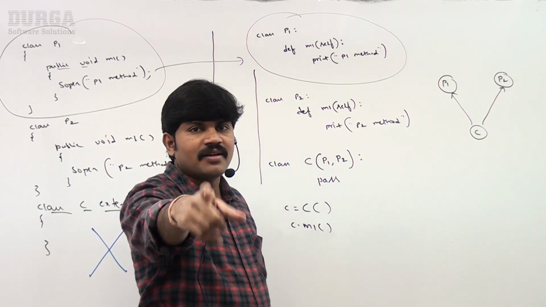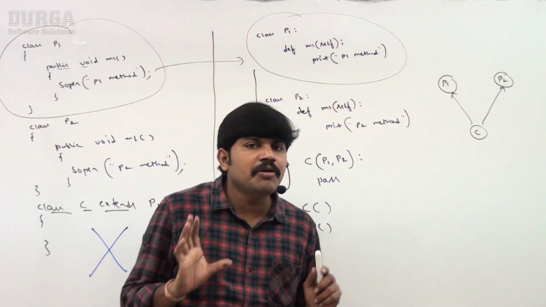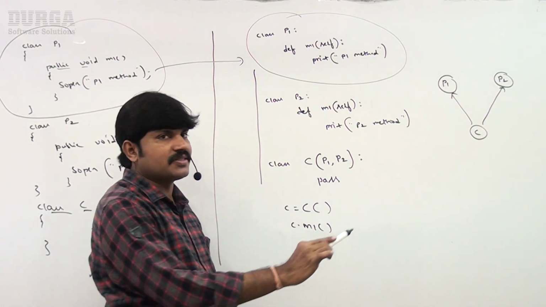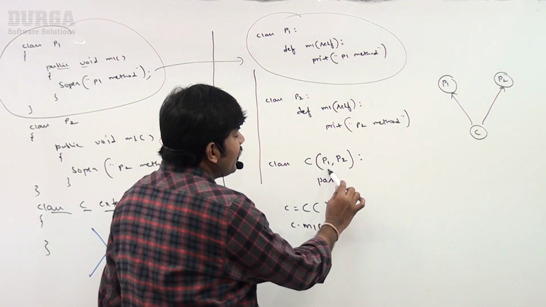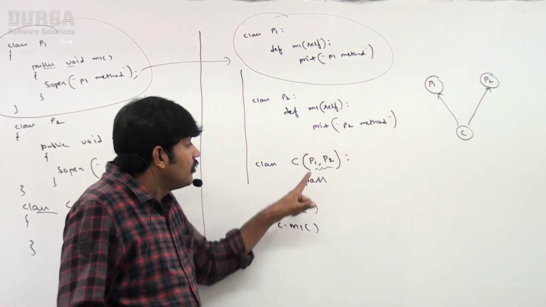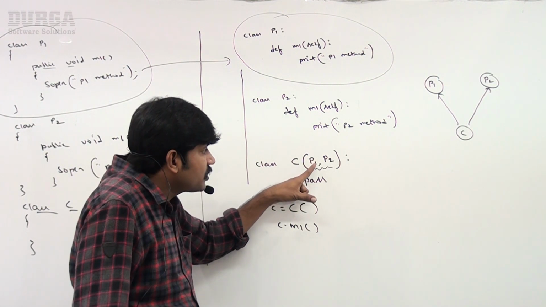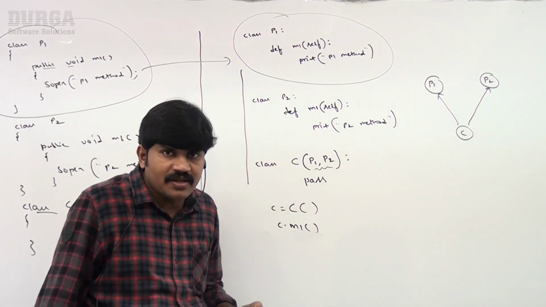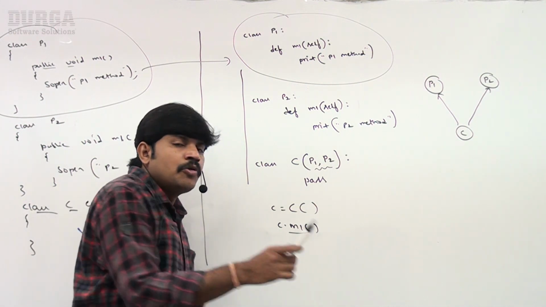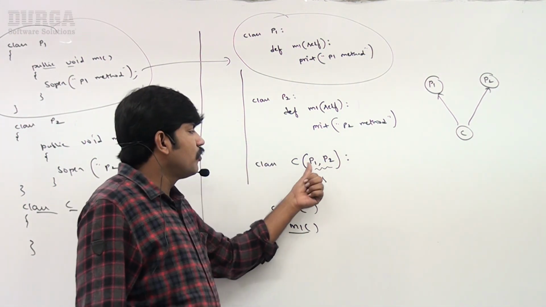But in Python, this problem is solved in a very beautiful way, and it is very simple. While declaring parent classes, in which order did we take them? First P1 and then P2. While resolving methods, first priority goes to P1.